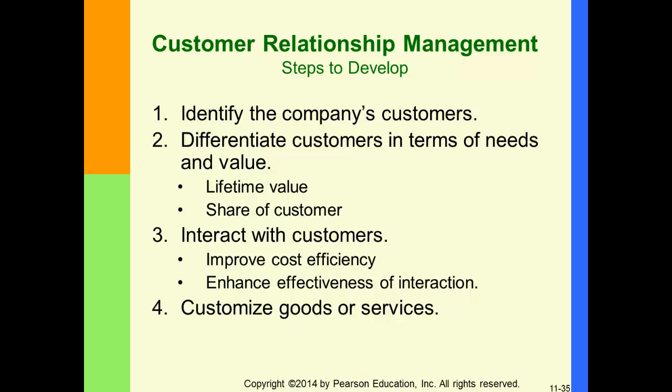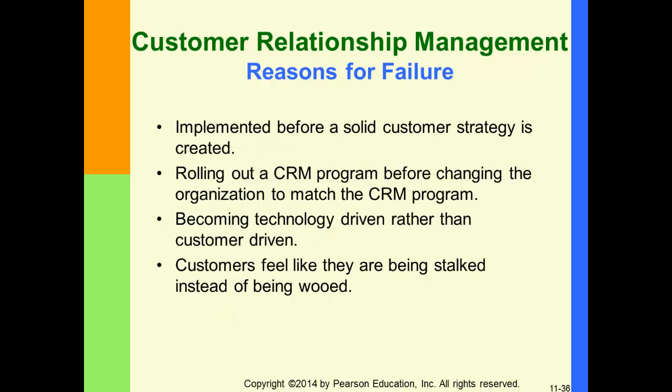The third step is to interact with each customer or customer segment with the goal of improving cost efficiencies and enhancing the effectiveness of that interaction. As we've talked about, we used to segment out our customer list by trade show, by geographic location, and to some extent by product type so that we can market to them more appropriately.